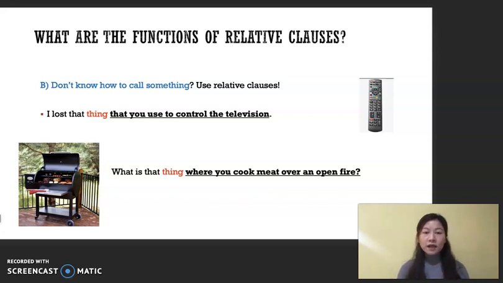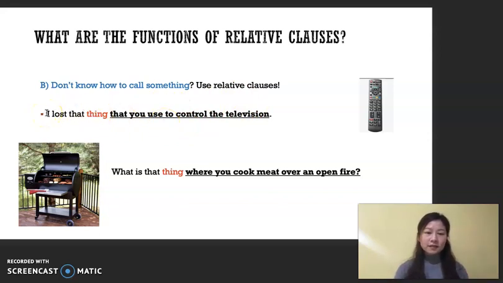Another function of relative clauses I like to talk about is that if you're learning a language and you don't know how to describe something, what's the name of something. Let's say you want to talk about an object that you don't have any idea what it's called.